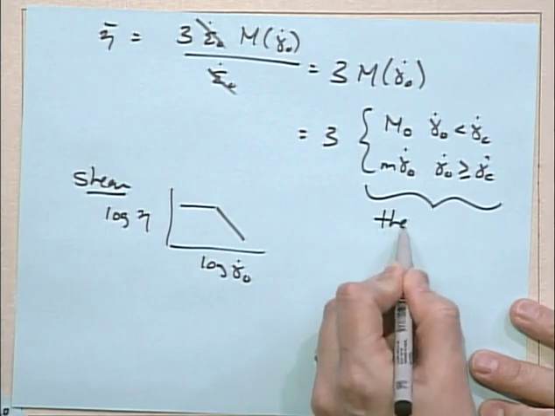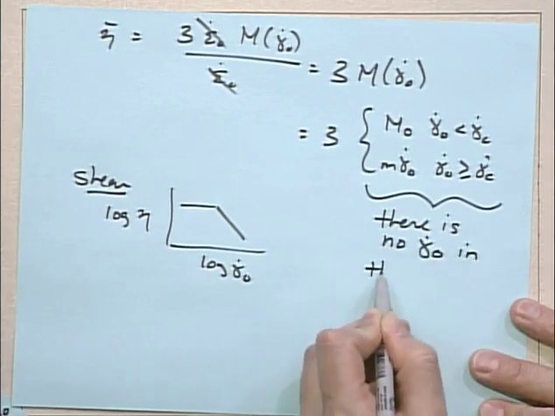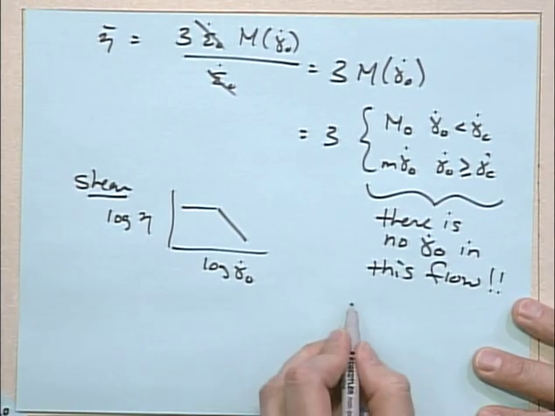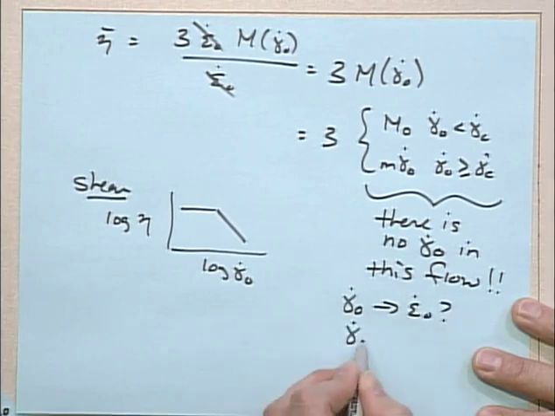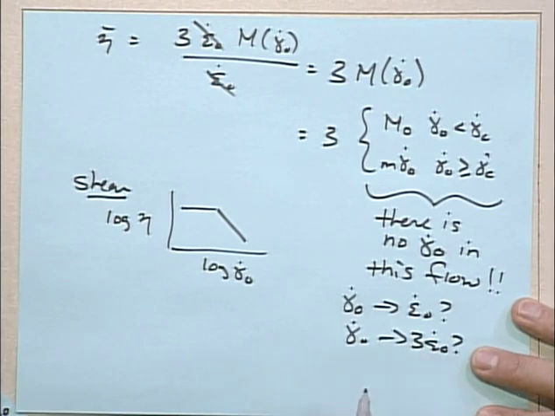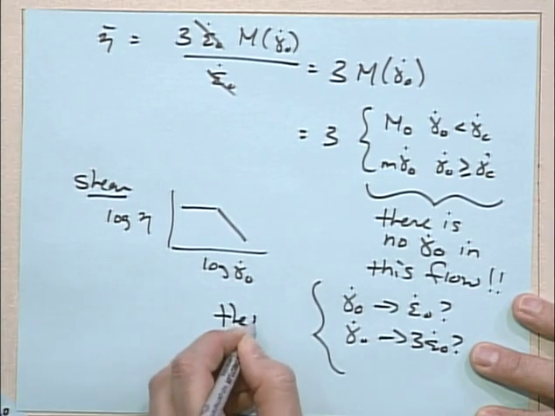So this is a dilemma. There is no gamma dot naught in this flow. So should we change gamma dot naught to epsilon dot naught? Should we change gamma dot naught to 3 times epsilon dot naught? To some other parameter, the square root of epsilon? No, that wouldn't be the right units. It's weird, okay? We have to examine this problem.